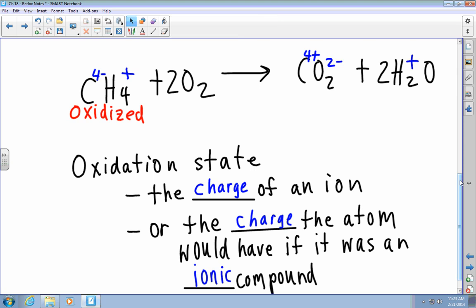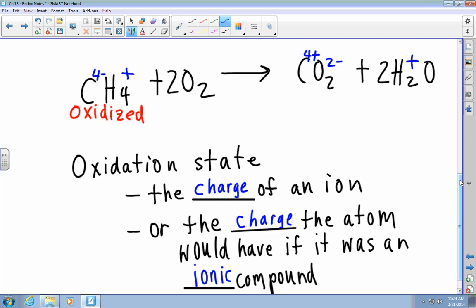which must mean if there's nothing happening to the hydrogen, it's got to be the oxygen that's being reduced, which would make sense because it's an oxidation. So if it's an oxidation reduction, the oxygen is probably oxidizing the other compound. So we would think that the oxygen is being reduced.